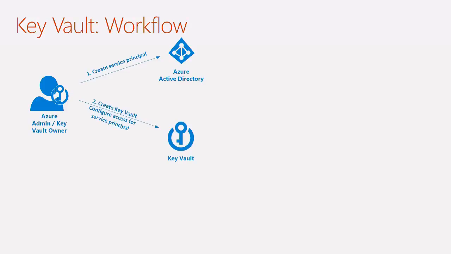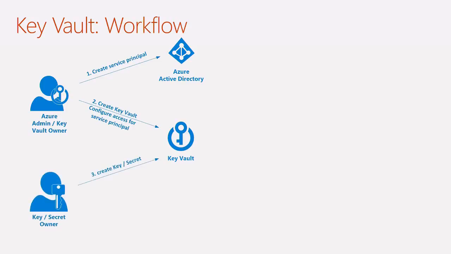They're going to do 2 things. They're going to create a service principal identity, which will be used later on, and they're going to create the Key Vaults and configure the access for the service principal to be able to access the keys that are going to be created for that particular purpose in the key vault. So they're going to create the key vault, they're going to assign some permissions for the service principal, and as part outside of this workflow process, they may also assign the rights for the auditor as well.